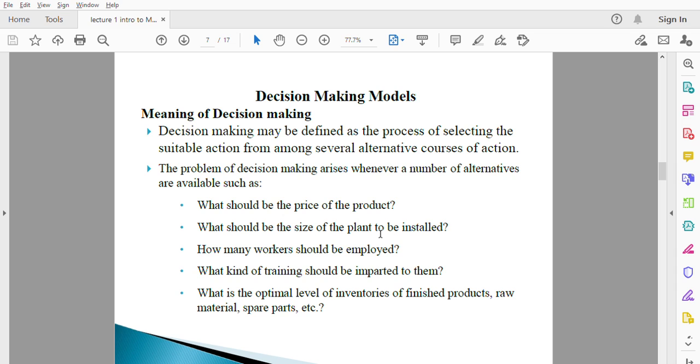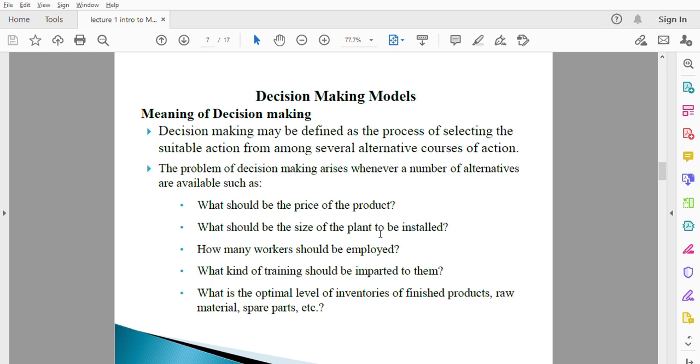Now, the problem of decision making arises whenever a number of alternatives are available, such as what should be the price of the product. If you have only one choice to make, you are not really making a decision because that is the only thing you can do.